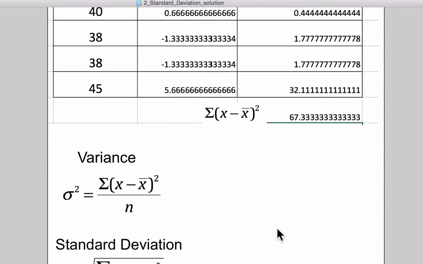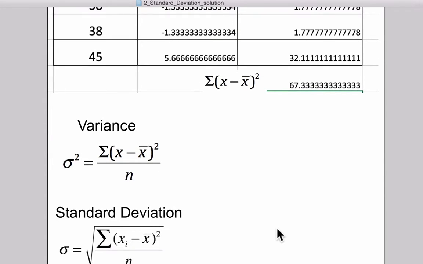So when we go to our formula for variance, now variance is equal to the sum of the squares of the data values minus the mean. And from up above, this is our 67.3 repeating divided by the number of data values that we've taken.